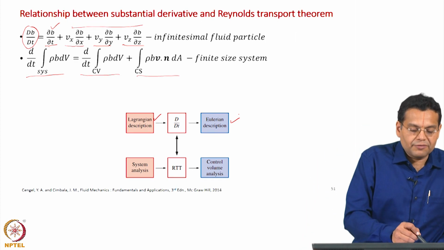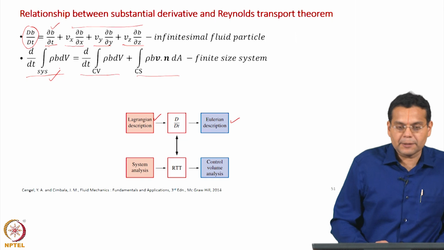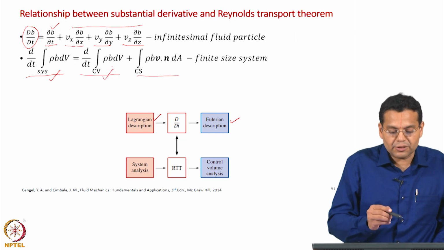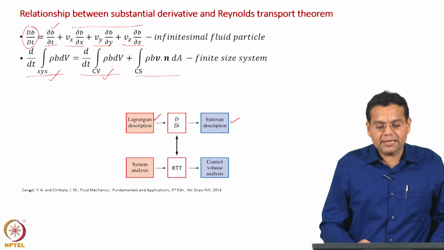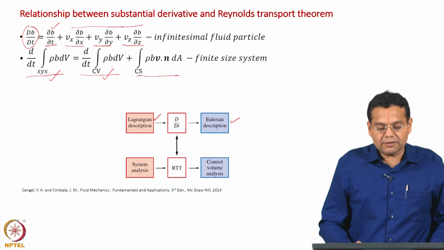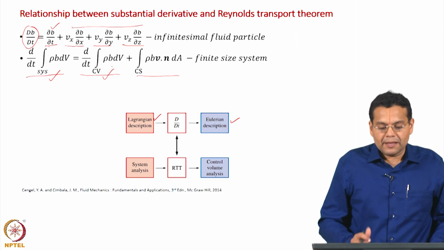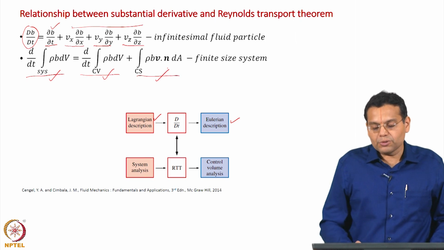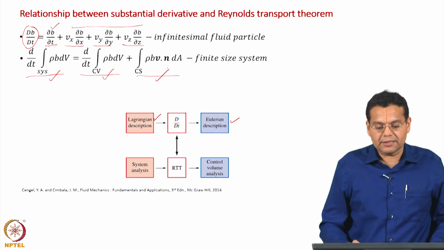What is the significance of the left hand side? Rate of change of property for the system, and on the right hand side we have rate of change of property for the control volume, that once again represents the unsteady component, because that component arises because of the transience, okay. And the second component arises because of flow through the control surface or because of convection.